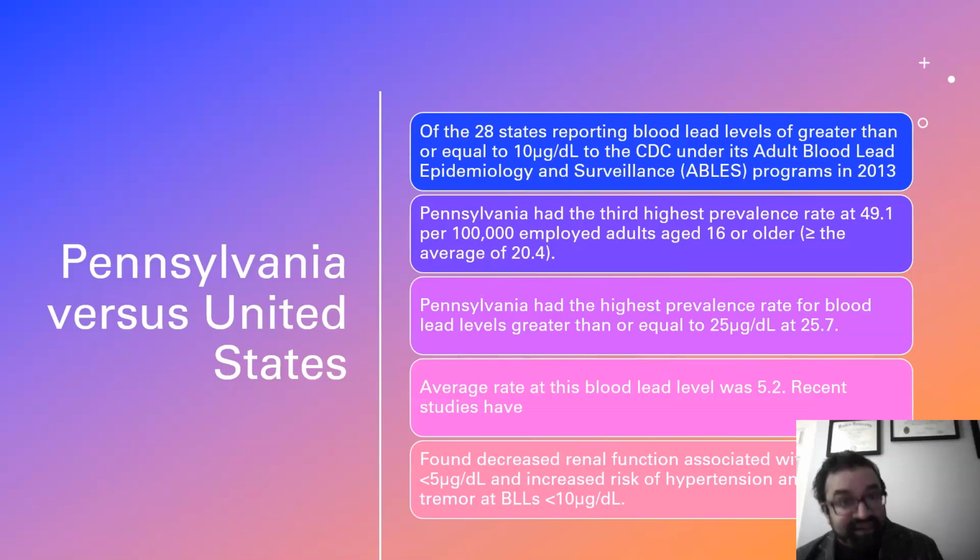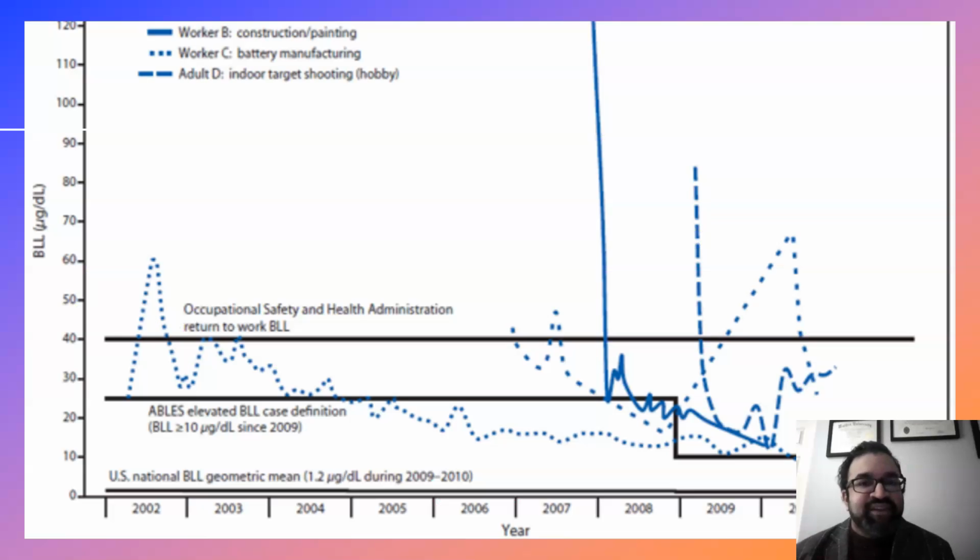And the average rate there, even though there were high rates like that, was 5.2. So the idea is that even at levels as low as 5, there are harmful effects felt even within a full-size adult.